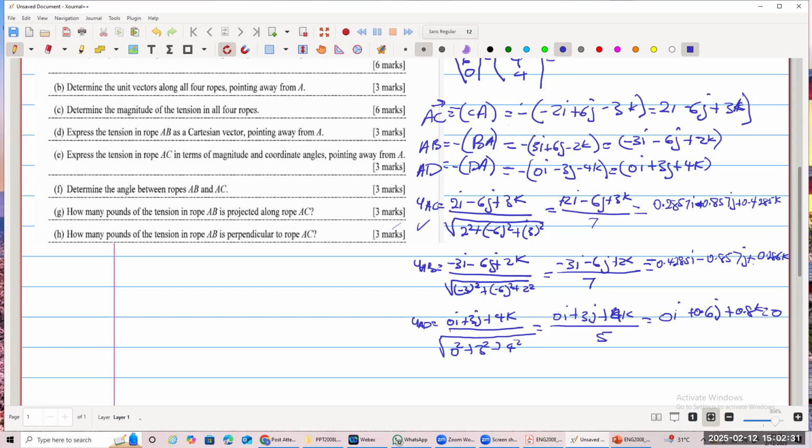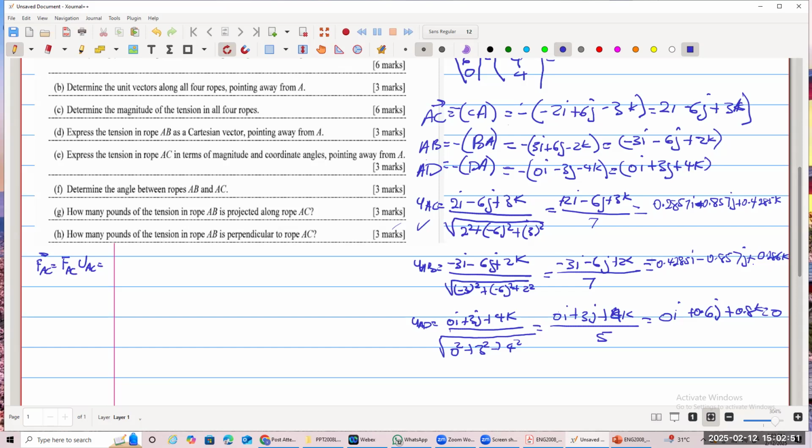So the force F, take each line: FAC is equal to the scalar value times the unit vector going in the AC direction. So let's write that one.